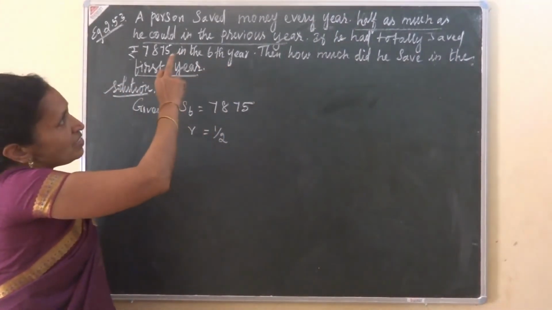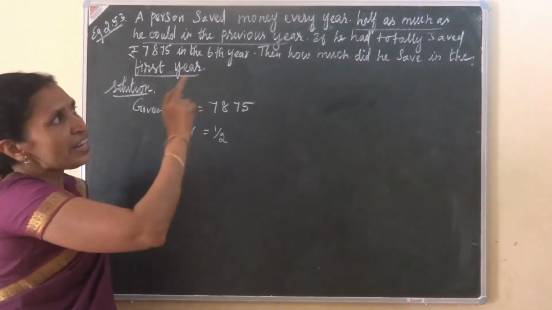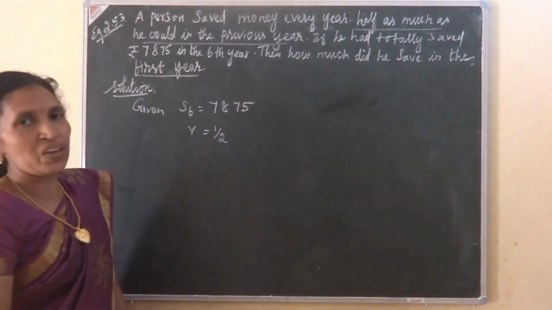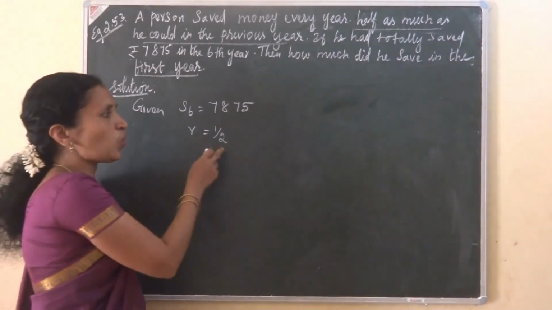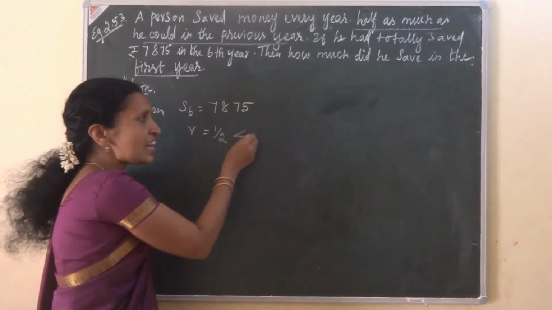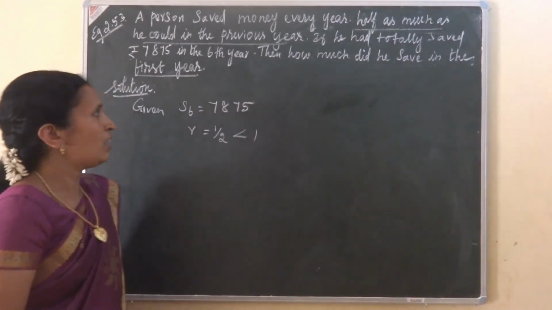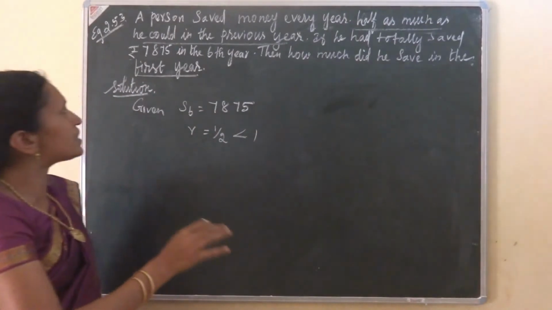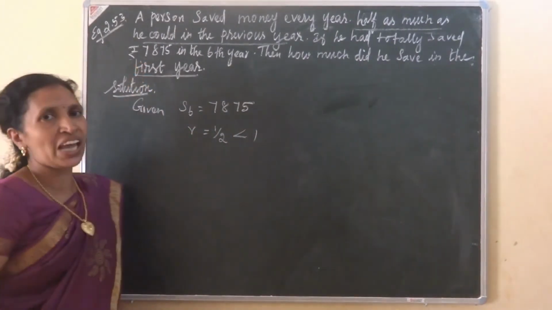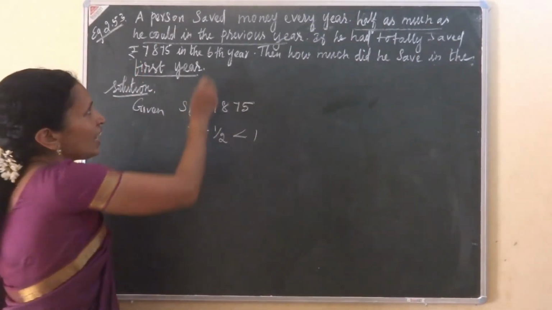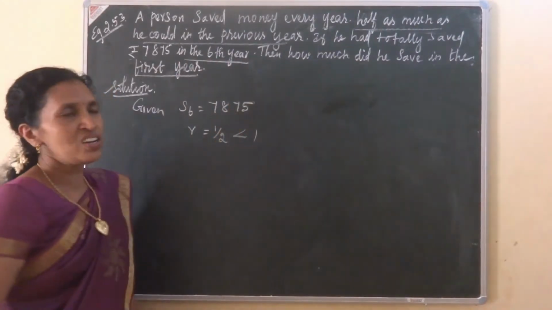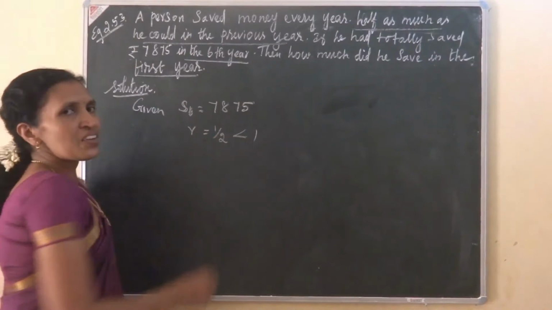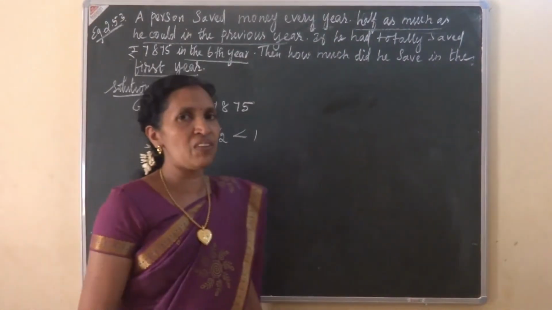Every year, the person saved half of what he saved in the previous year. So R equal to 1/2, that is less than 1. Mind it. Next, if he had totally saved ₹7,875 in 6 years, so S6 equal to 7,875.